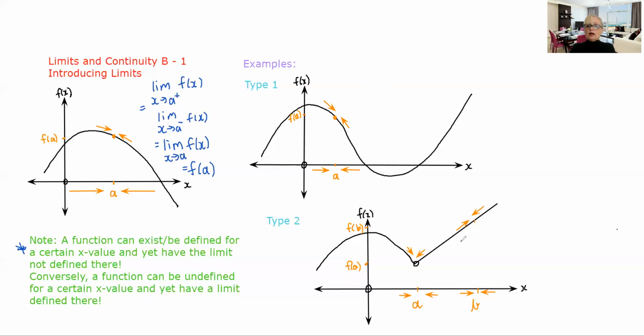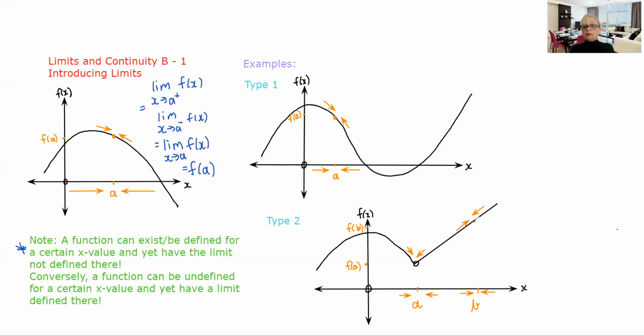The second type is where we might have a piecewise function, and we're looking at the limit at a point where the function rule has not changed. So say we're well away from this critical x value here, so up at b, and there it becomes a bit like a type 1.